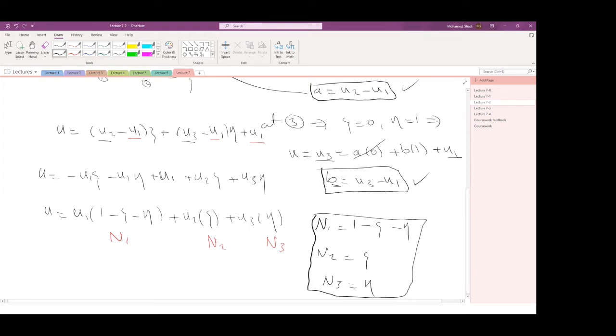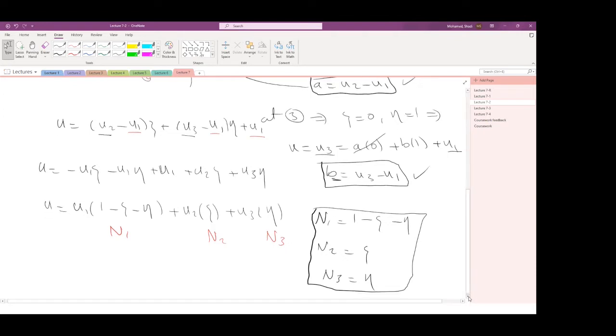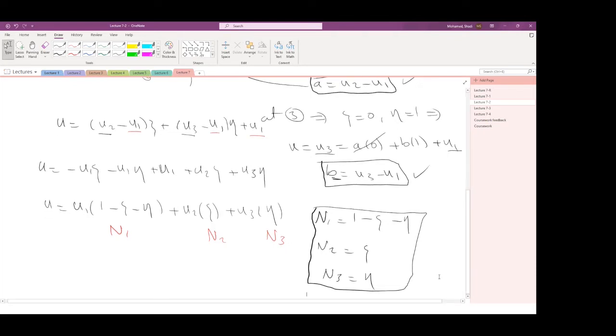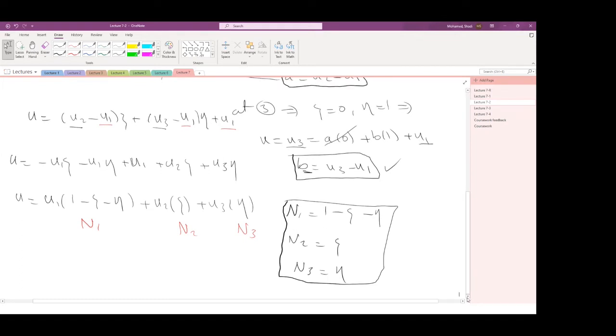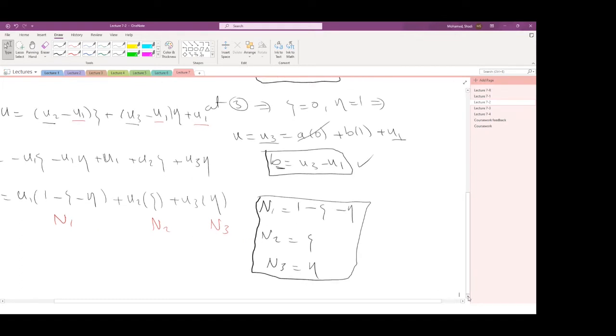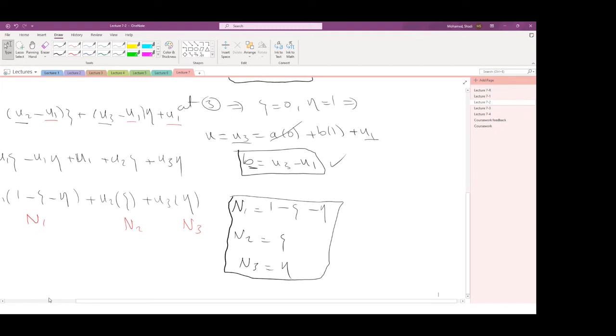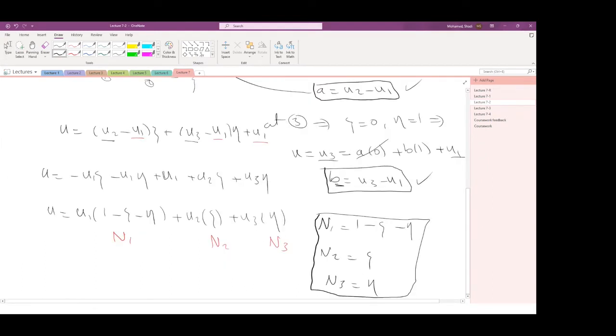Okay, so these are the three shape functions I have. N1, N2, and N3 are the shape functions. Okay, so we have them here.